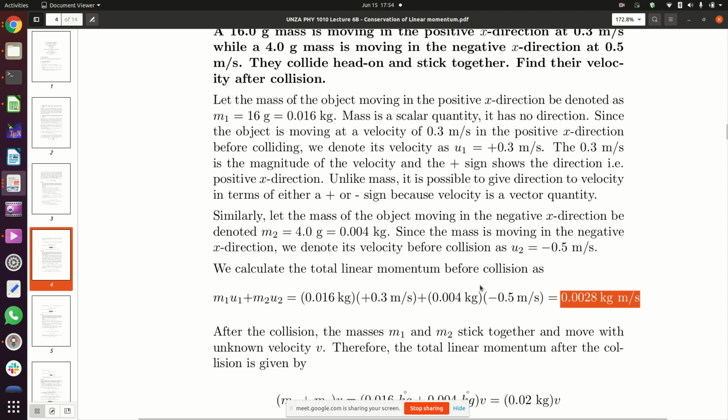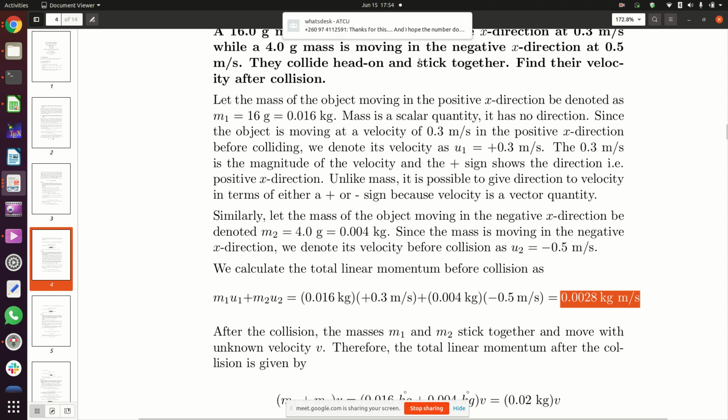Yes, there's a question? It's always that they are going to tell us it's moving in the negative x direction. If we don't tell you, then you have to assume that they're moving in the same direction. If I just say they're moving at 0.3 and 0.5, you assume that they're moving in the same direction. But we have to tell you that one object is moving in the opposite direction.